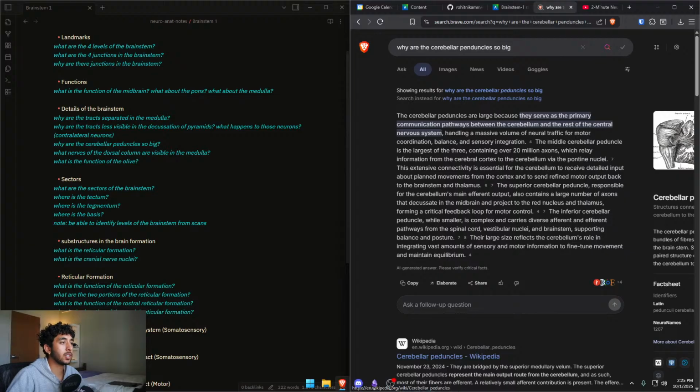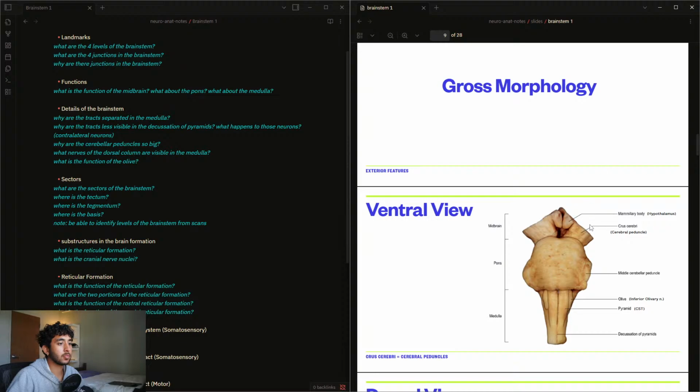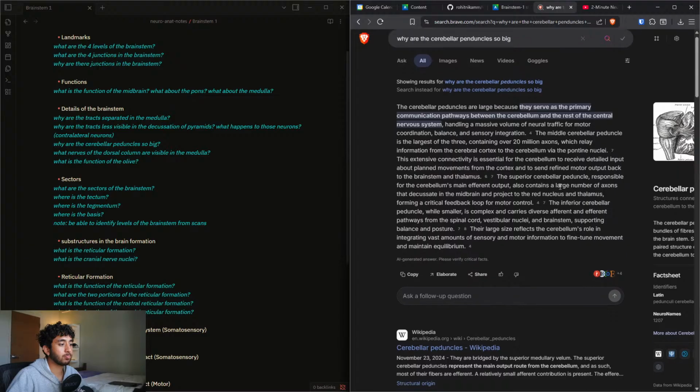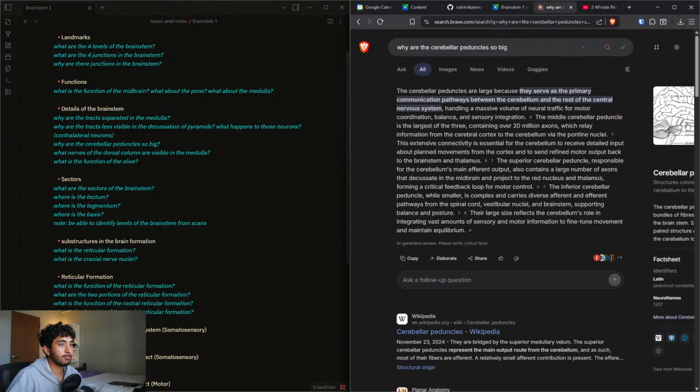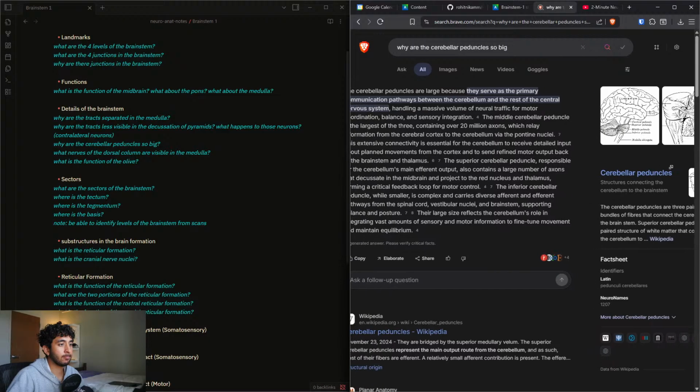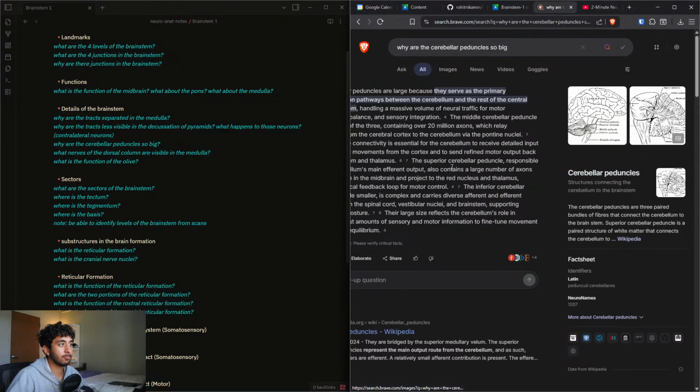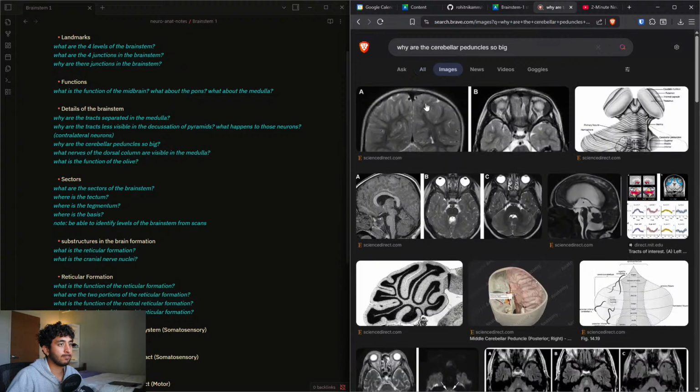Between the cerebellum and the rest of the central nervous system. I feel that doesn't really explain why. The eyes look funny.